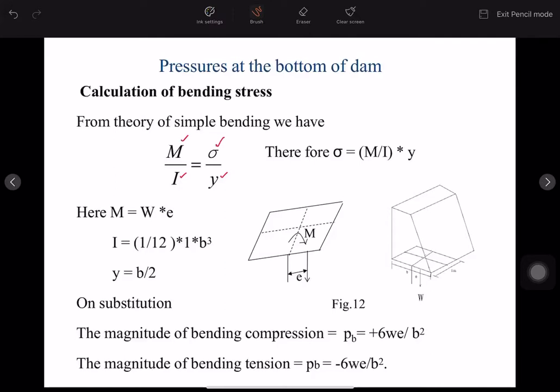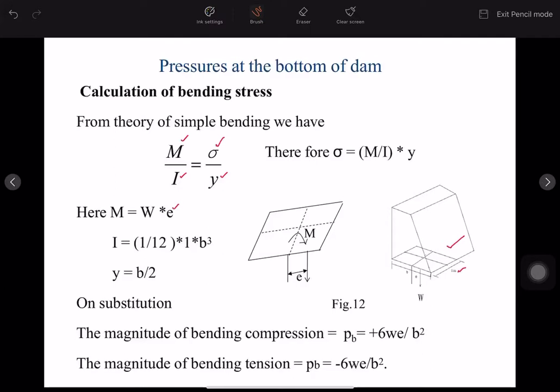If we consider the bottom portion of the dam like this in this figure, we consider unit length, and we have width as B at the bottom. So the moment: W is acting at a distance of E, right?